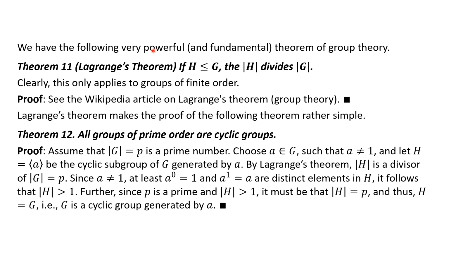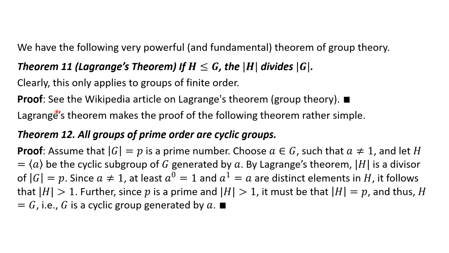We have the following very powerful and fundamental theorem of group theory, known as Lagrange's theorem. It says that if H is a subgroup of G, then the order of H, in other words, the number of elements in H, this symbol here, divides exactly the number of elements in G. So clearly this only applies to finite groups.